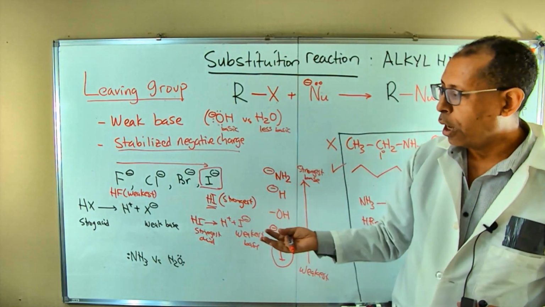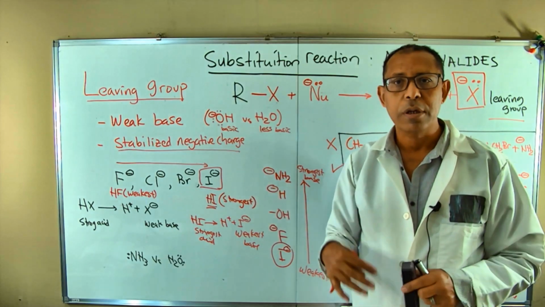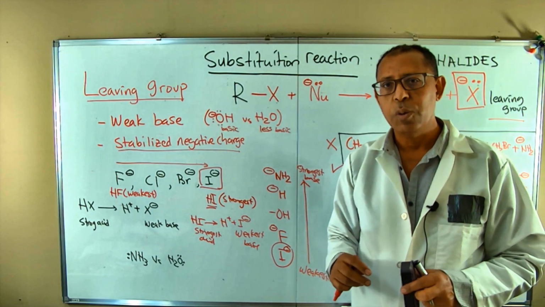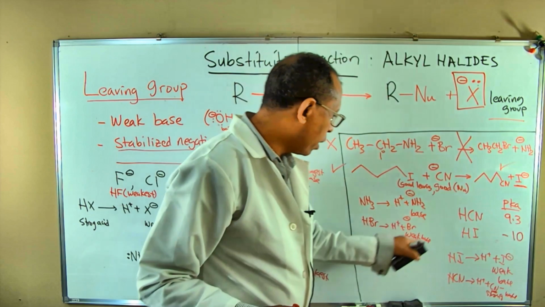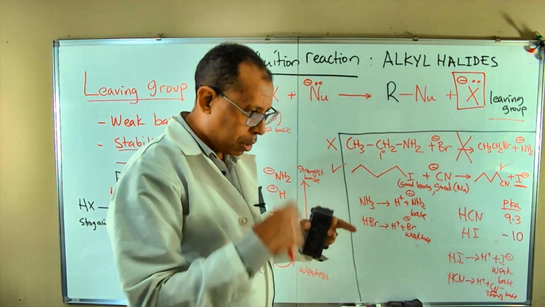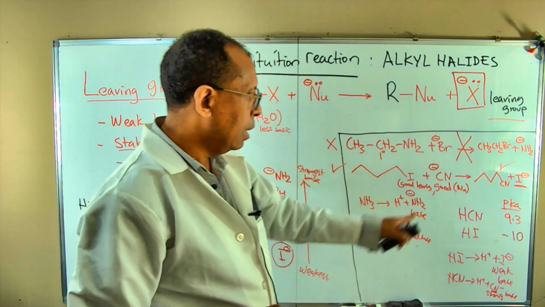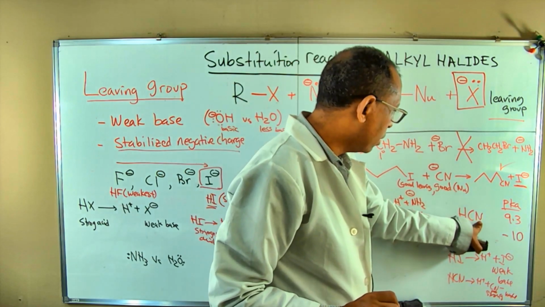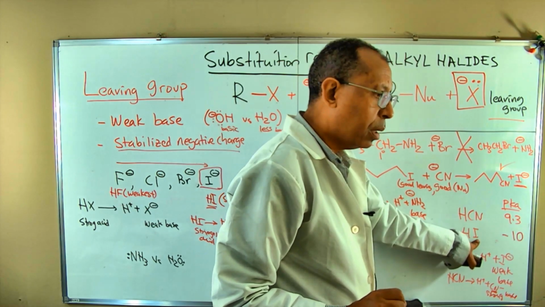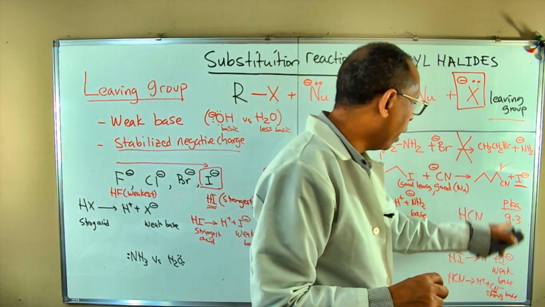So that's a strategy for how you'd determine whether a leaving group is a weak base or a strong base. If it is a stronger base than the nucleophile, that reaction would not happen. So it should be a weaker base than the nucleophile. The nucleophile should be a stronger base than the leaving group. That's the point. Here, the nucleophile is a stronger base than the leaving group, a good leaving group, because it's a weaker base, as I minus.